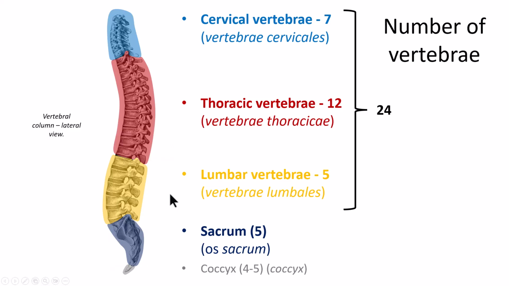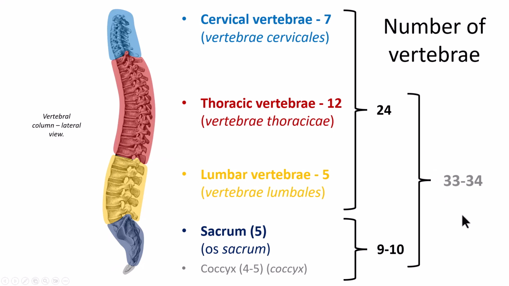Thus, if we were to count these vertebrae in the form of synostoses, their number would be 9 to 10. However, if we were to sum all of these structures, the total number would be 33 to 34.